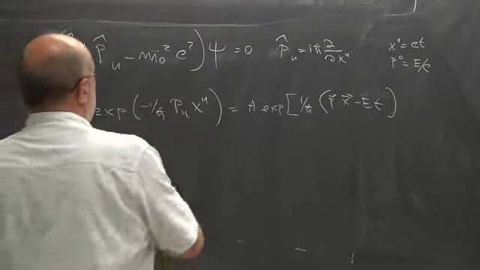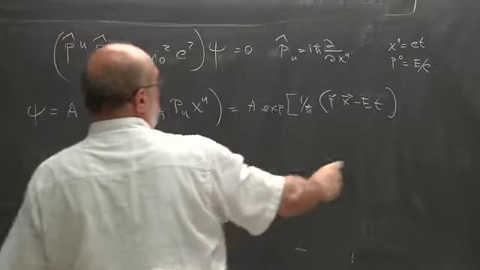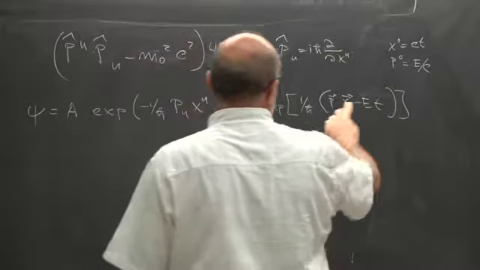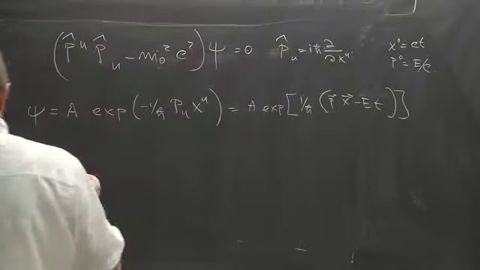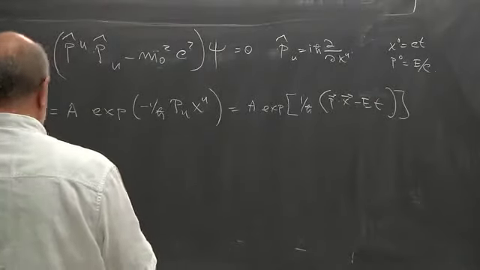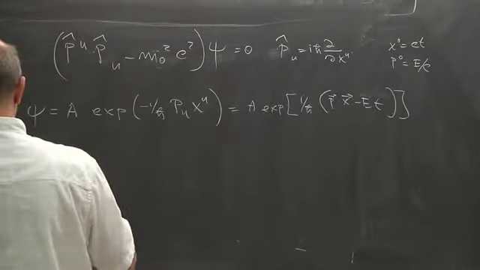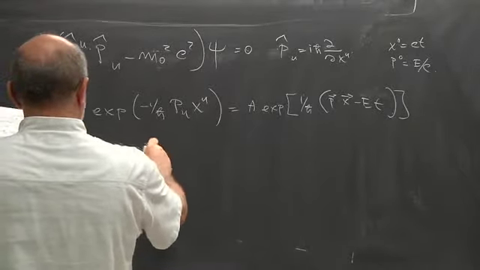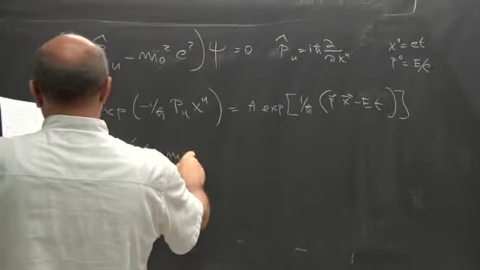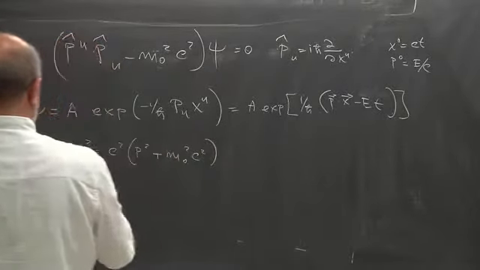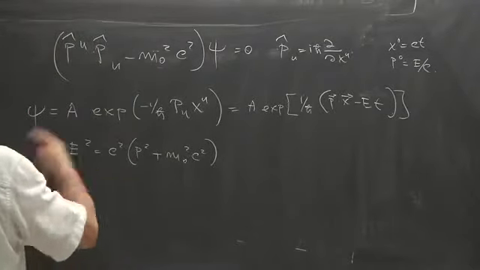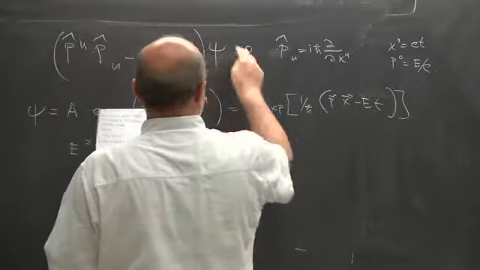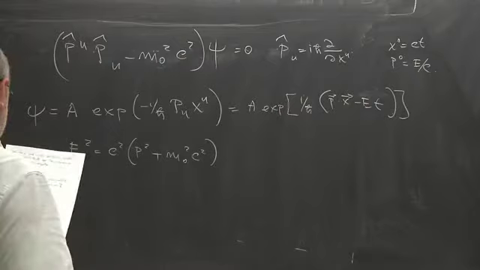Now, we know that for this free wave to be a solution of this equation, E and p have to satisfy the usual energy-mass relation: E square equals c square p square plus m square c to the fourth. This is the same as what I brought to the other side. So this is a solution of this equation only if E and p satisfy this relation.